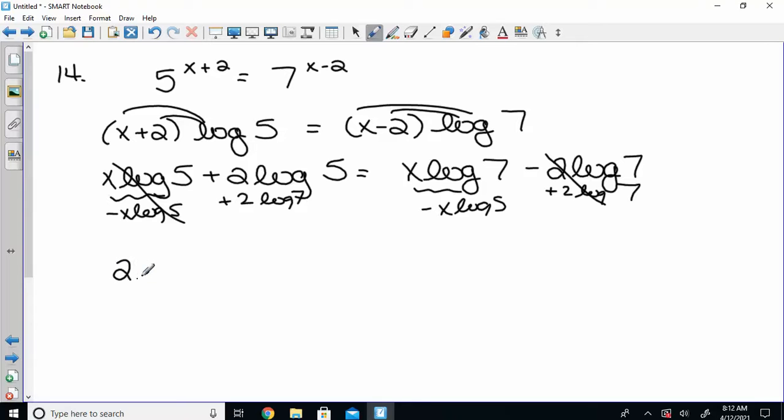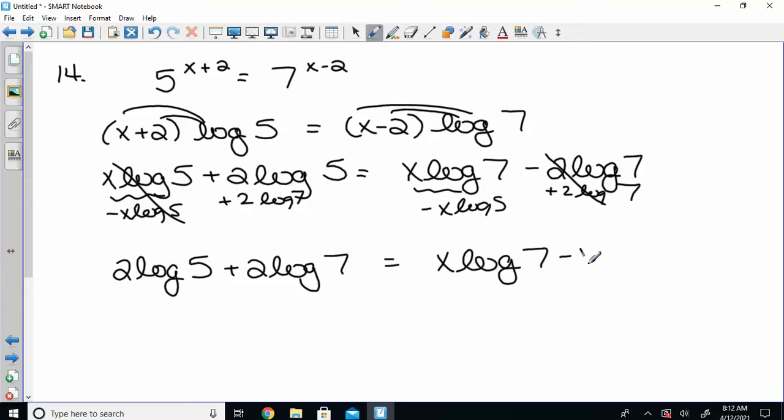So we have 2 log 5 plus 2 log 7 equals x log 7 minus x log 5. Then what do we do?